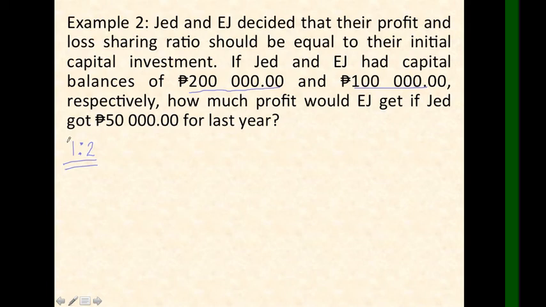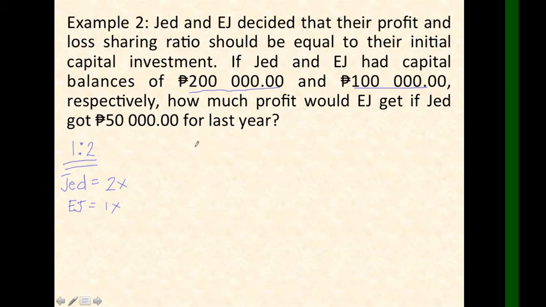Okay, 50,000 ang nakuha daw last year ni Jed. So let's say that Jed had a profit of 2x and EJ had a profit of 1x.